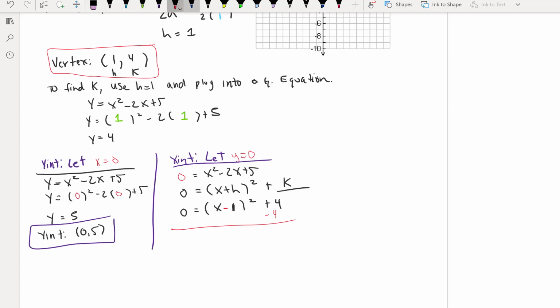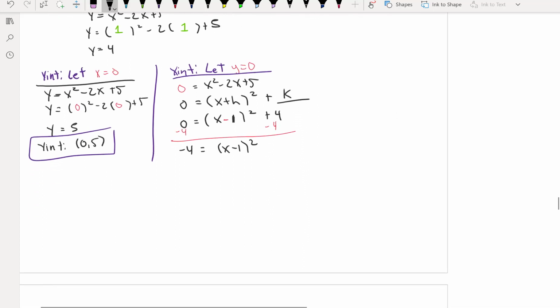Let me write that a little bit nicer. So now I'm going to have a negative 4 is equal to x minus 1 squared. So to undo that square, I'm going to square root both sides. But be careful, now I'm going to have a plus or minus the square root of negative 4 is equal to x minus 1.